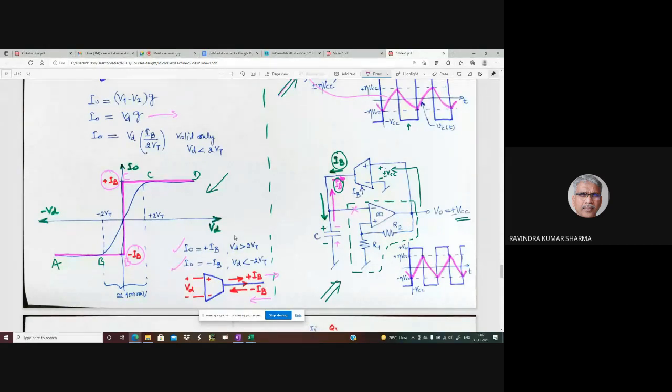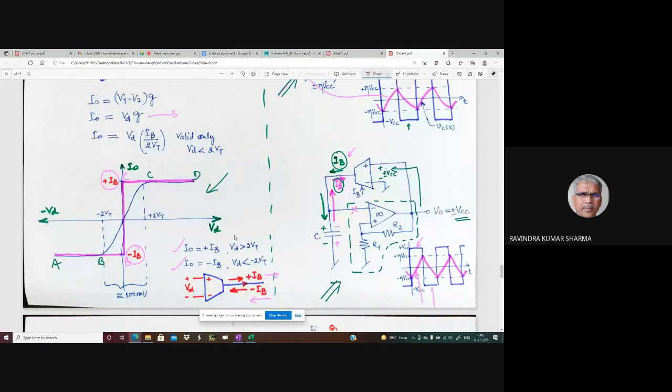Okay? और ये जो चार्जिंग कैपेसिटर की होगी, ये ध्यान देने की बात है, this is now linear charging. Because IB is constant, and constant current charging gives you a ramp. So when there is a positive IB, there is a positive going ramp across the capacitor.